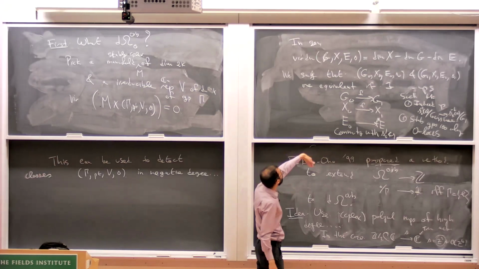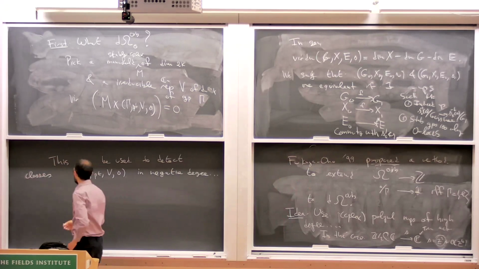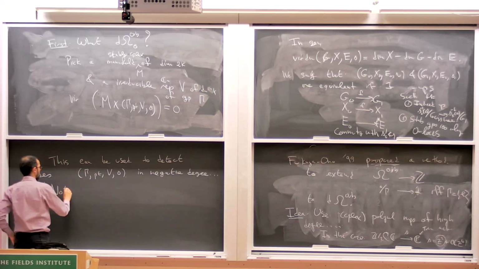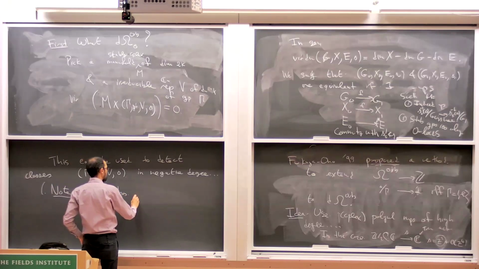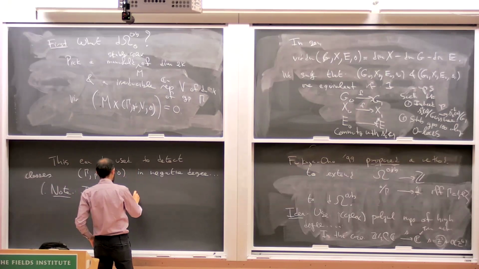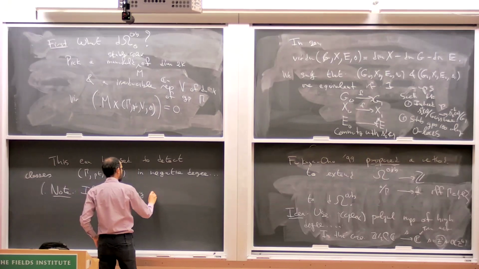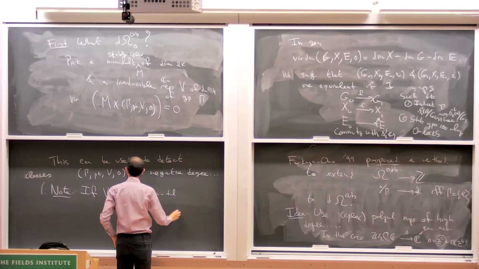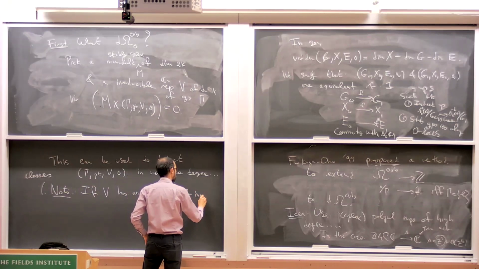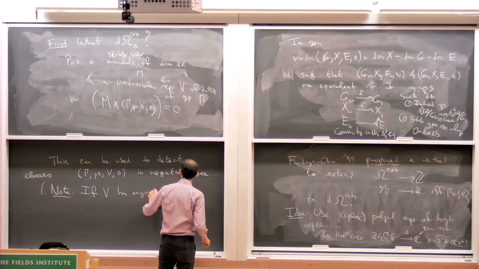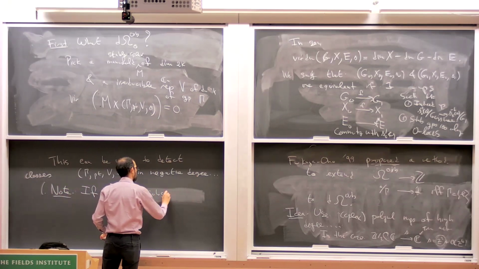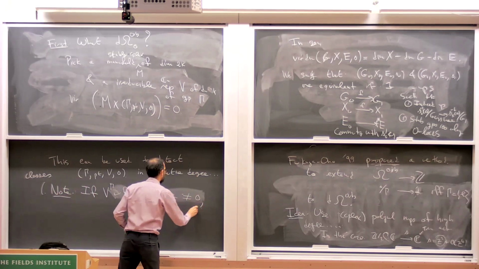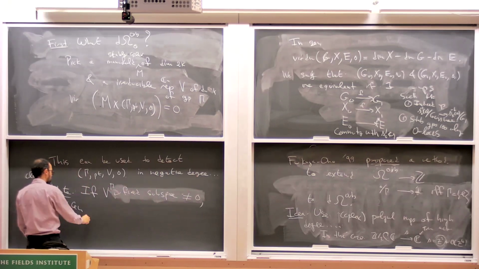If you look at my notion of equivalence here, one of the things that it implies is that if V has any non-trivial gamma-invariant subspace, sorry, no, that's not what I meant. If the fixed subspace, this is the fixed subspace, is not equal to 0, then the bordism class is 0.